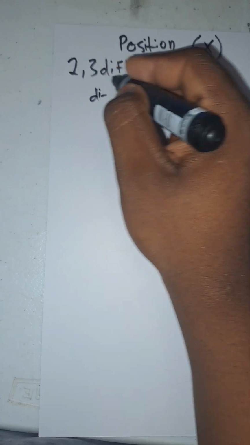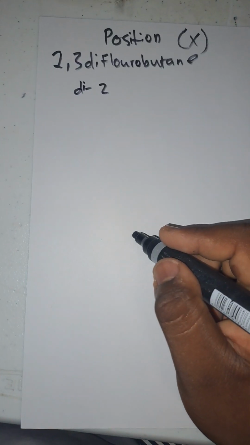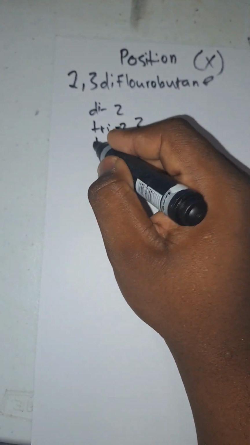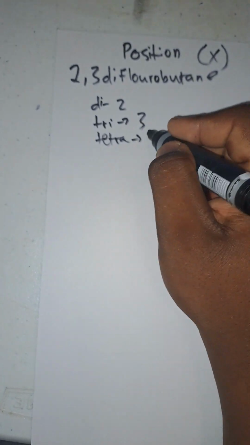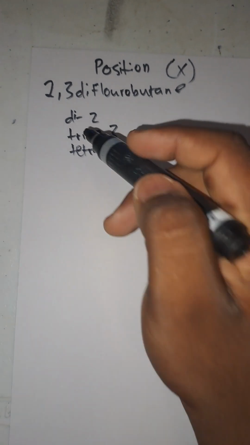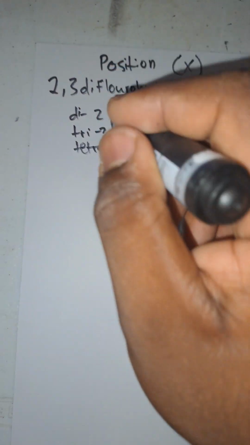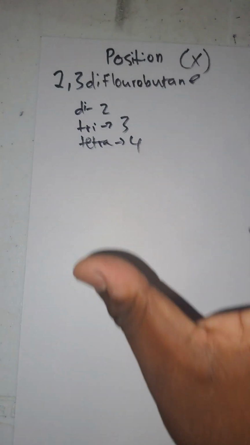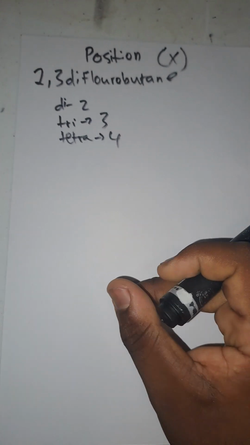So now di, it is 2. Okay, and then tri, it is 3. Tetra, 4. So now these words that I just told you are basically telling you how many halogens you have on that particular structural formula or molecular formula.